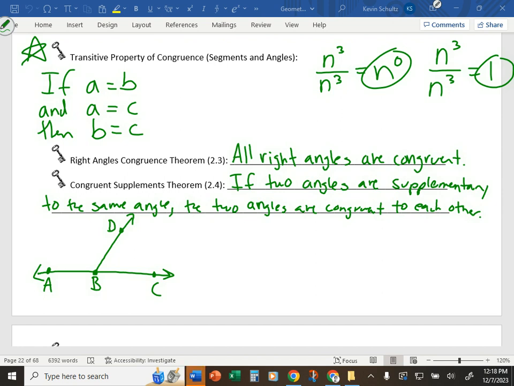Okay. If you've got a diagram such as that, and then you have another angle over here, we'll call it EFG. Okay.